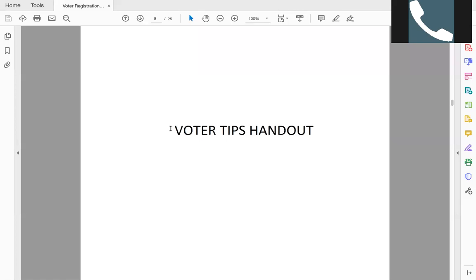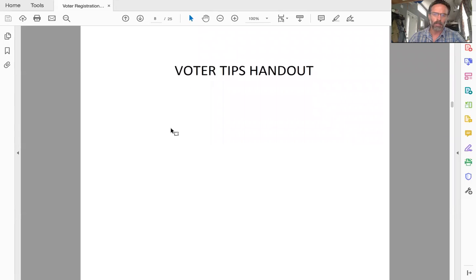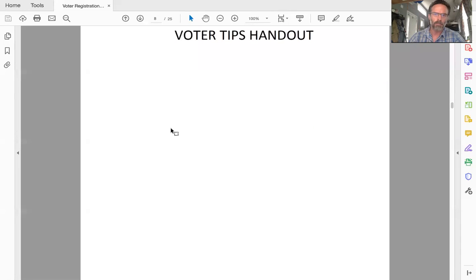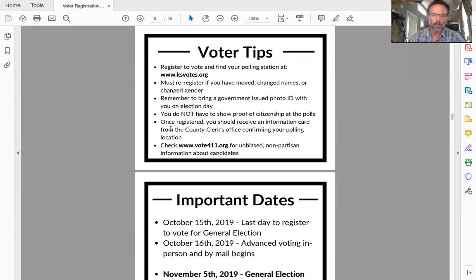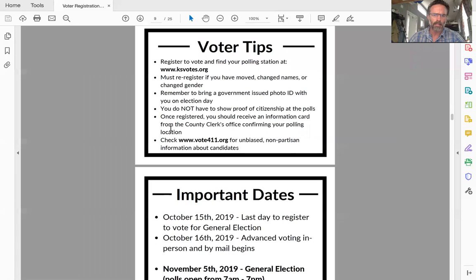Okay. So Kaylee made a voter tips handout, and we're looking at that right now. This is something you could keep in your back pocket when you are going around registering voters.